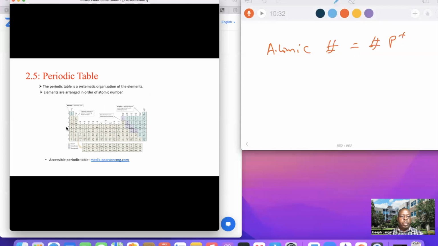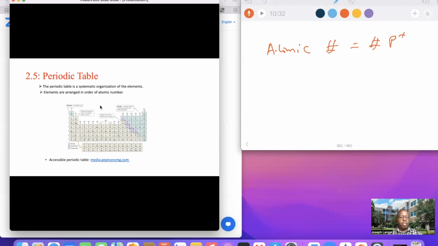The way the periodic table has been organized is that elements are arranged from left to right according to what we call an increase in atomic number. Atomic number 1, atomic number 2, 3, and so forth. We will see in a few minutes what these vertical columns and what the horizontal rows mean, what these numbers 1, 2, 3, 4, 5 are.